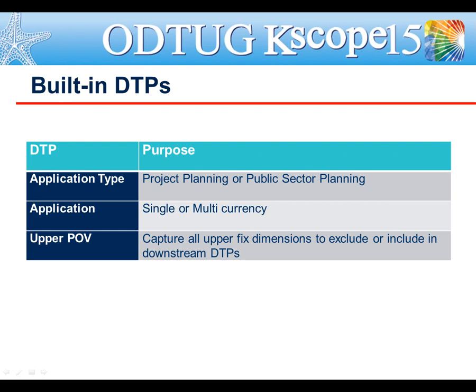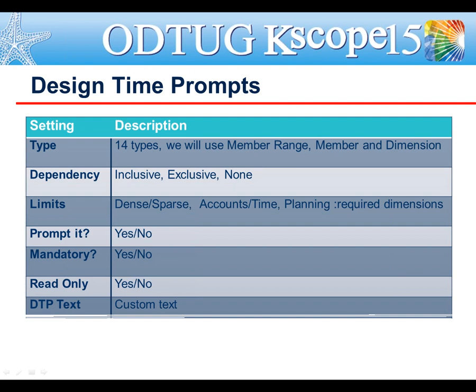And so what upper POV does is it allows you to reduce the number of choices the rule designer will have to navigate, because you can set it up so that it eliminates all of the fixes that have already taken place in the script.